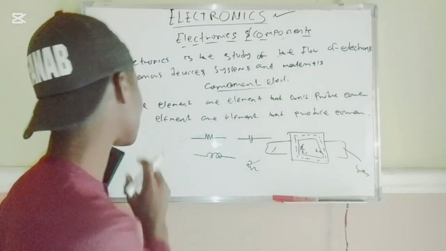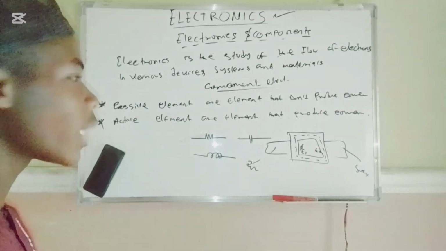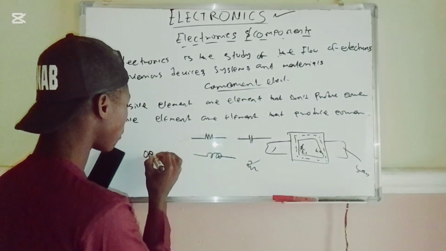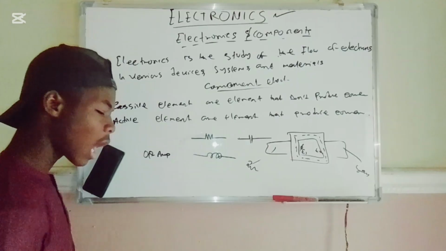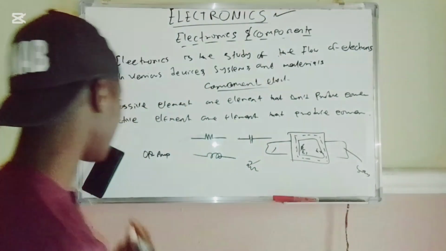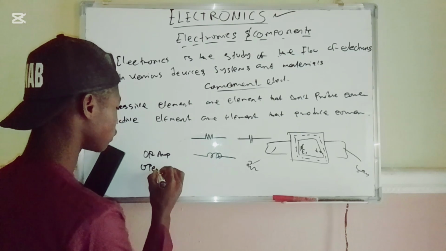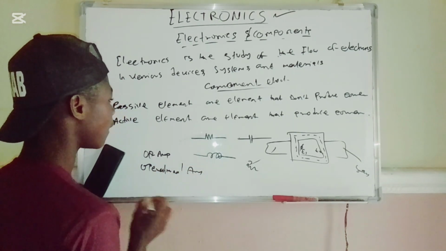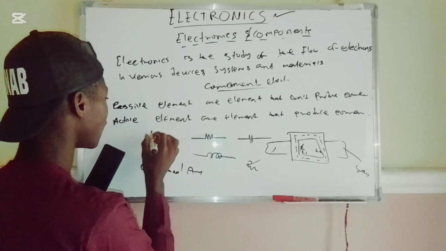But what of the elements that produce power? It means we are talking about the active elements. Among the active elements, we have the op amp. What is an op amp? Op amp means the operational amplifier.